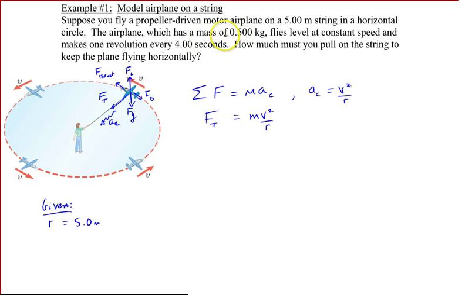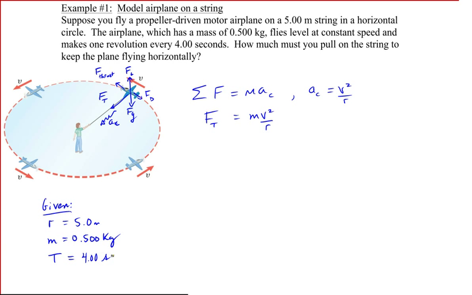And we have the mass of the airplane, so m is given as 0.5 kilograms. And we're given that it makes one revolution in 4 seconds. So the 4 seconds represents the time to make one revolution, which we call the period, which we represent with a capital T. And so the capital T is equal to 4.00 seconds.